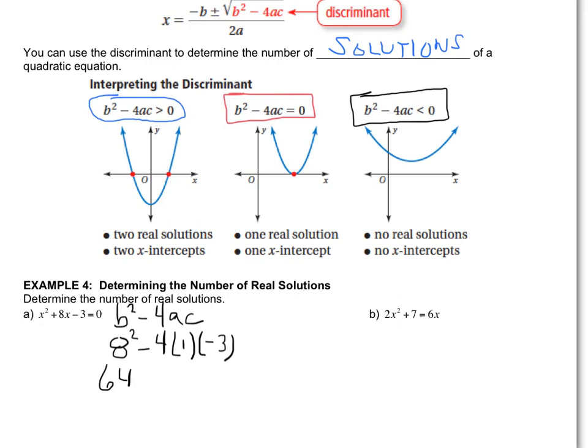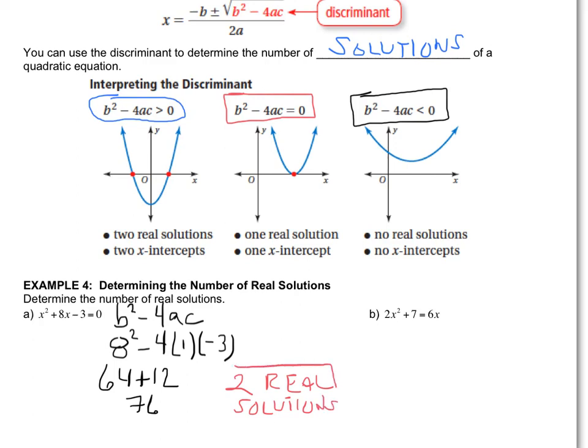Negative 4 times 1 times negative 3 is plus 12. So we end up with a positive number, 76, which is not really important at this point. It would be if you were continuing on to find the actual solutions, but because it's a positive number, we're going to have two real solutions.